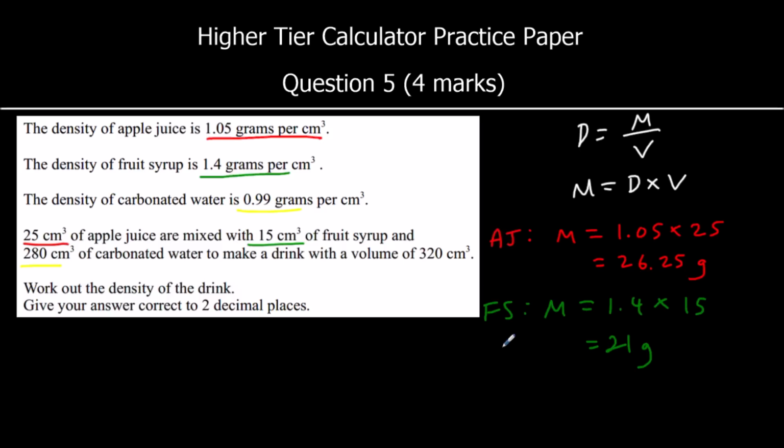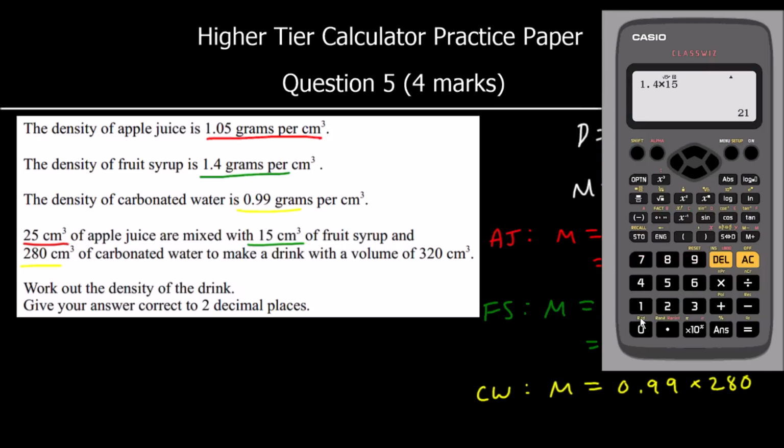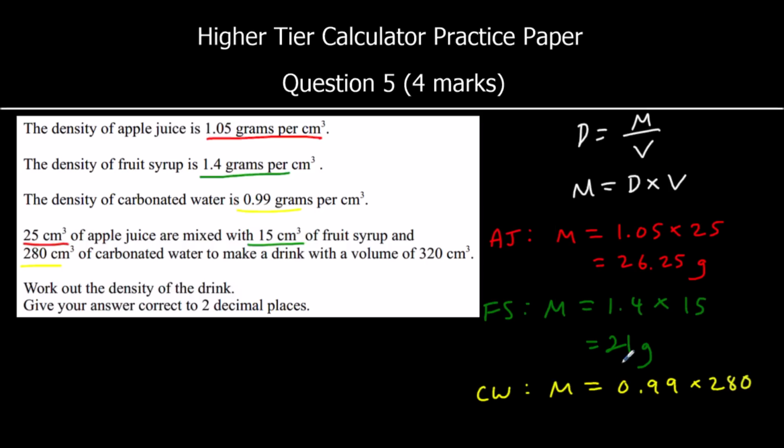The carbonated water, the mass is 0.99 times 280. And that is 277.2 grams. So now we can work out the total mass by adding the masses together.